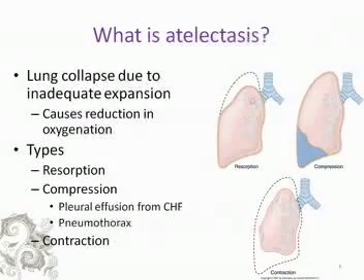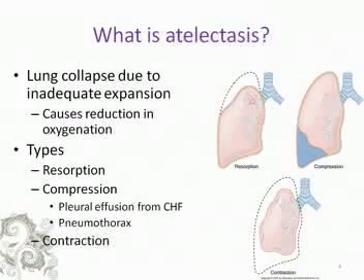Resorption is when there's an obstruction that prevents air from reaching the distal airways. So you can see in that image of resorption on the right side of the slide, the upper left image, there's actually an obstruction in one of the bronchi. So air that's present becomes absorbed and eventually the alveoli collapse.